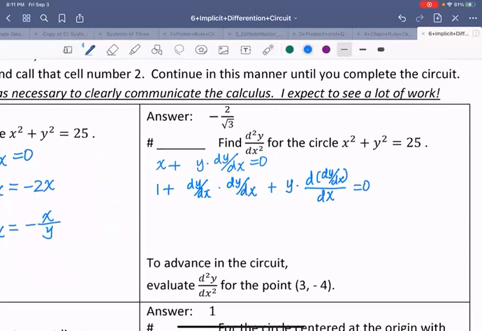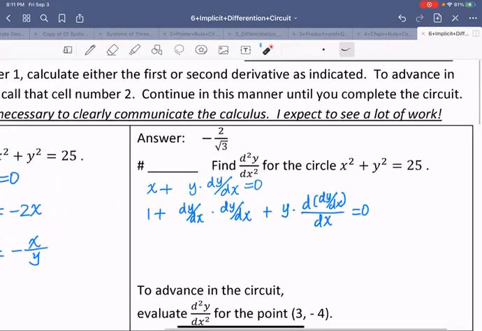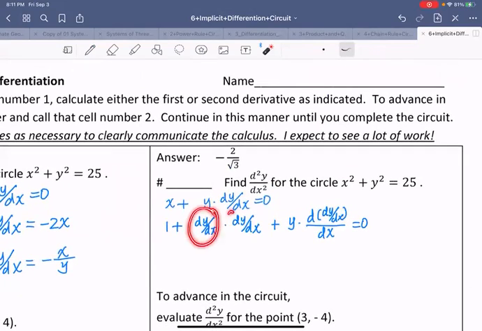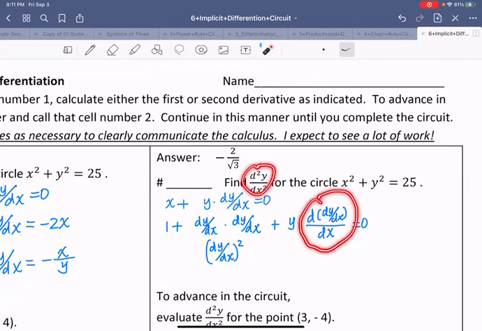Students, this is a place almost all students feel confused. This guy is the derivative of the derivative. It's called the second derivative.